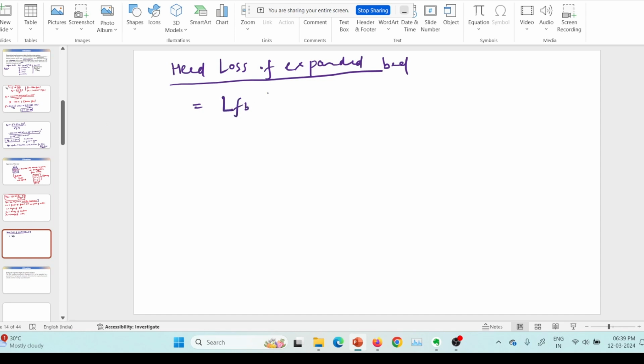LFB. The length will increase and the porosity will also increase, and these things will remain the same: density of medium, density of water. So the head loss of the expanded bed will be changed because total buoyant weight is constant.